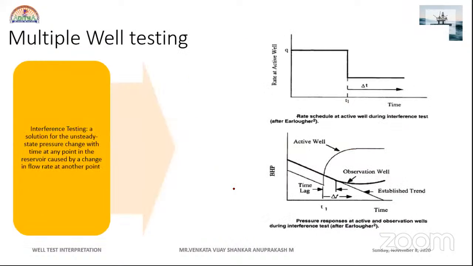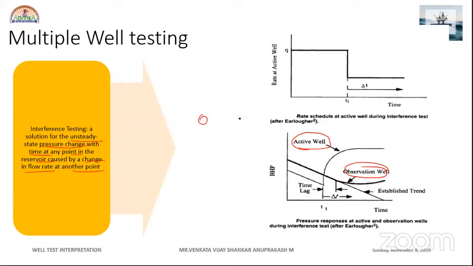Next one, interference. If you see there are two wells in this, we are marking the response of one over the other. An interference test is a solution for unsteady state pressure change with time at a given point in the reservoir caused by the change in flow rate at another point.